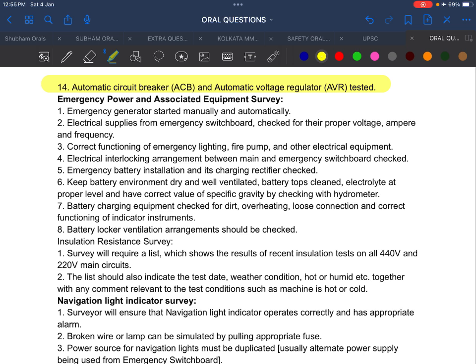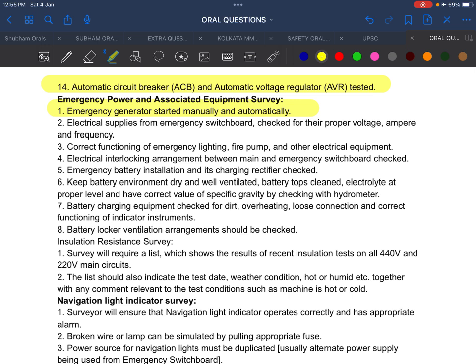And for emergency, they can start the emergency generator manually and automatically. Okay, by two methods of starting. First is battery operated and the other is hydraulic start. If you don't know how you can start the emergency generator hydraulically, and how you can start it in manual mode by battery, you can go through my video.